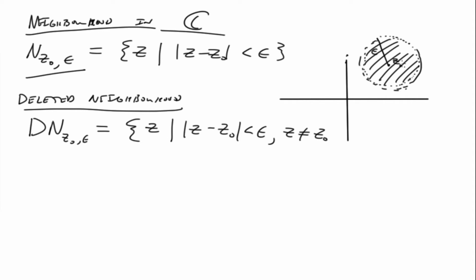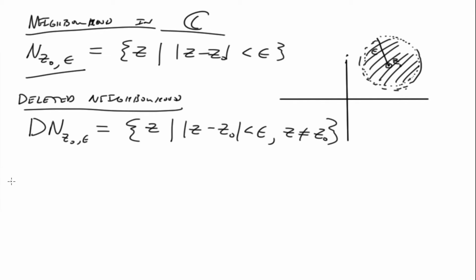So then this is essentially just excising that single point from our set. Okay. So that's a pretty straightforward definition, and that happens to be important sometimes when we're talking about regions of the complex plane.